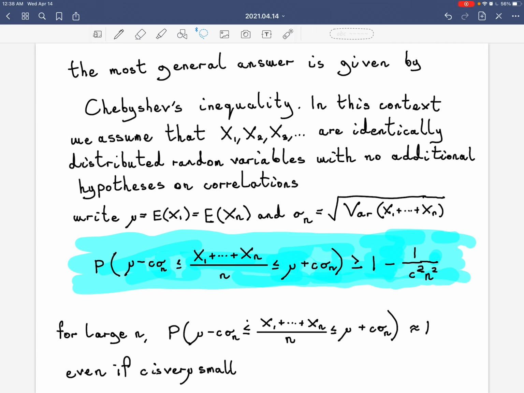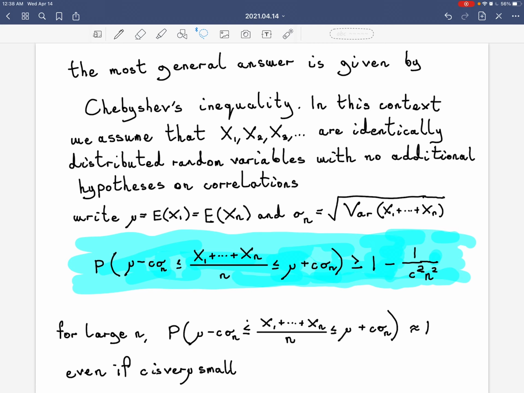So just to say again, sigma n ends up being square root n sigma. And we choose c to be the rate r divided by square root n sigma.